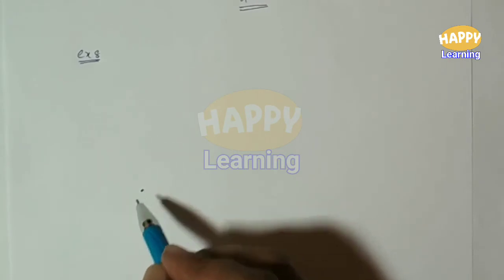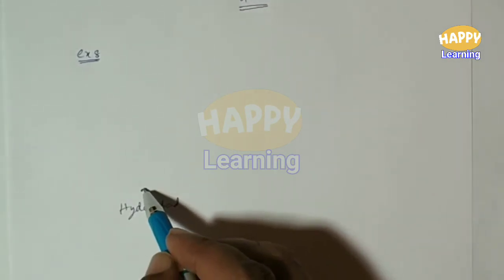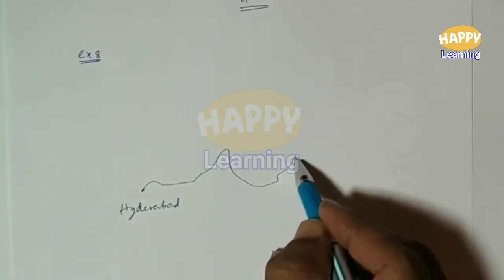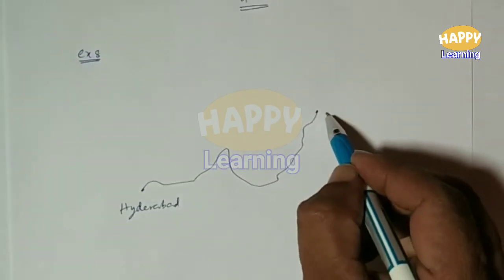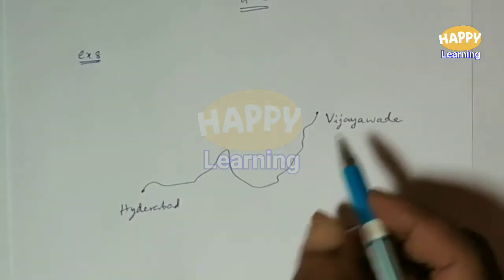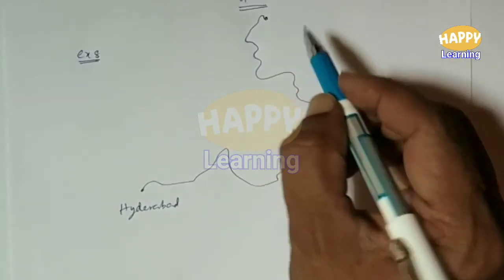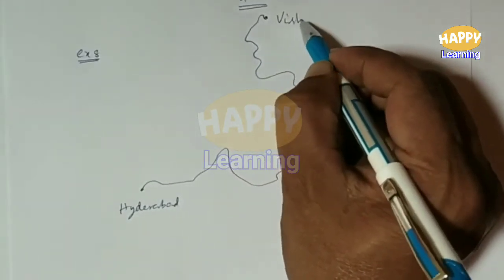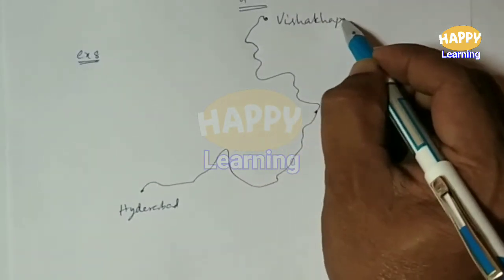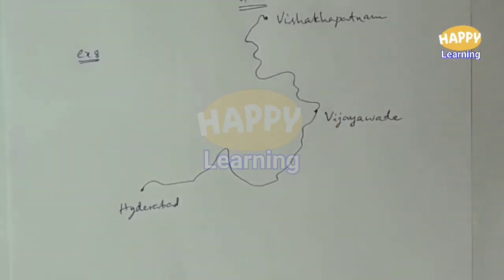Now example 8. Here is Hyderabad. Let this be the road path to Vijayawada. Then let it be the road path to Vishakhapatnam. So from Hyderabad to Vijayawada to Vishakhapatnam, we are drawing the road map.